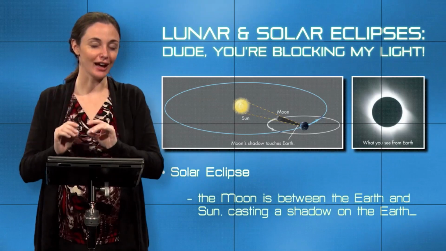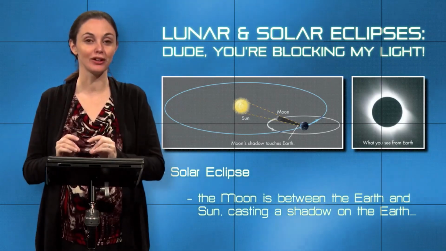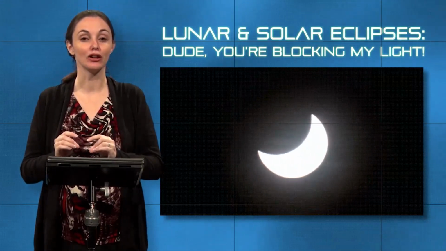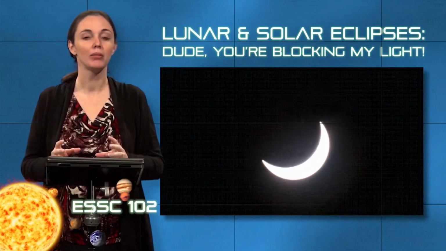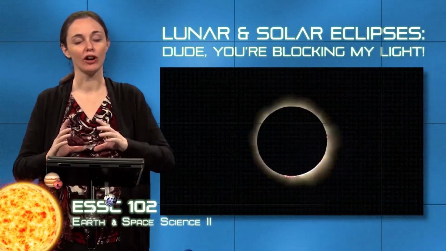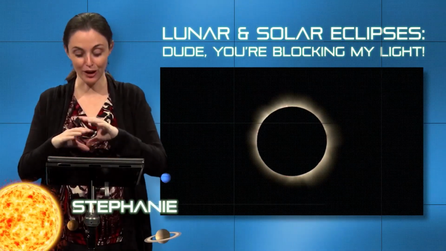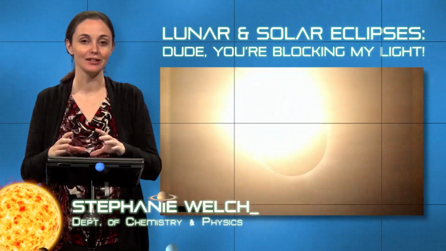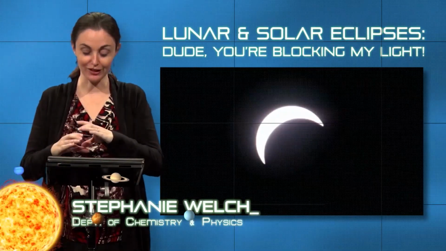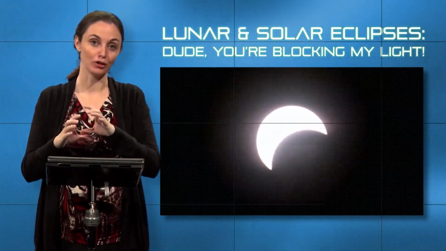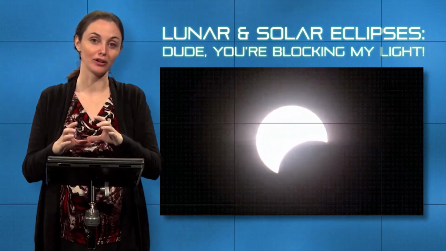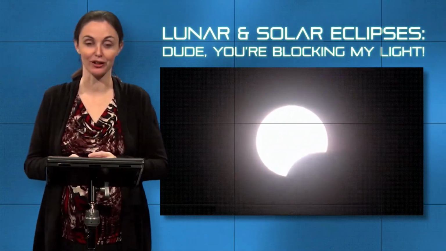If you're at the exact perfect position on planet Earth, it's possible to see a total solar eclipse. But because the moon is far enough away from Earth, we don't have a complete blocking out of light from the sun. Instead, we have an almost entirely dark sun for that small period of time if you're in the right position on the planet Earth.